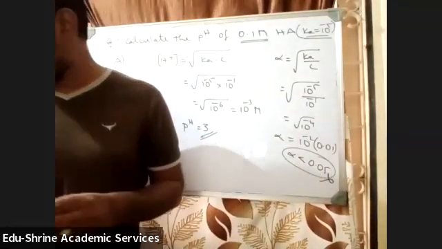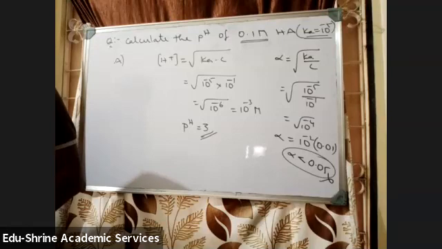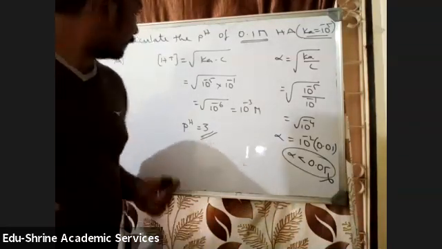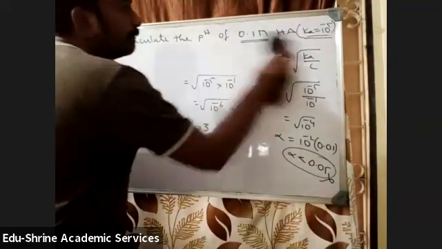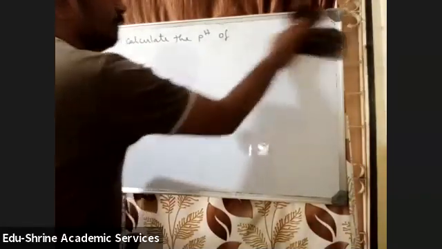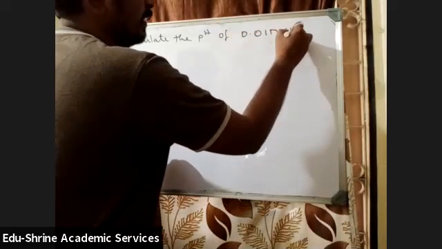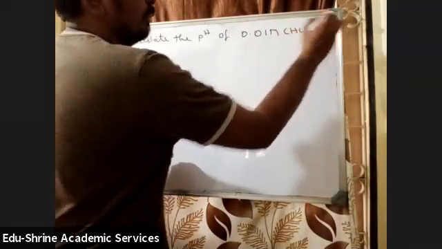Suppose, one simple question I'll give. Write down, the question is: calculate the pH of 0.01 molar CHCl2COOH.